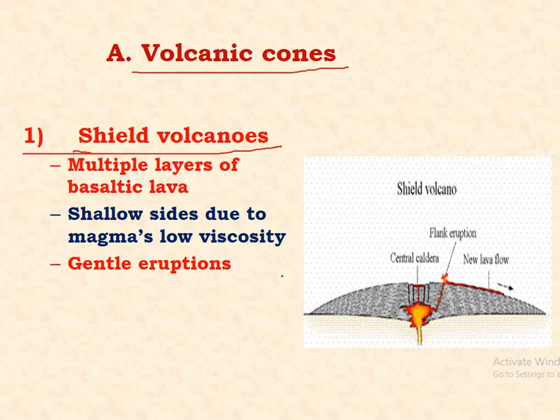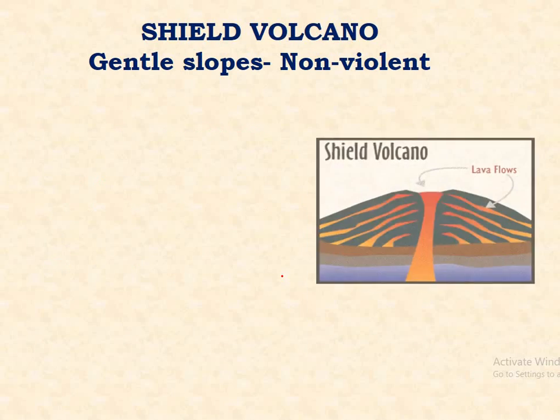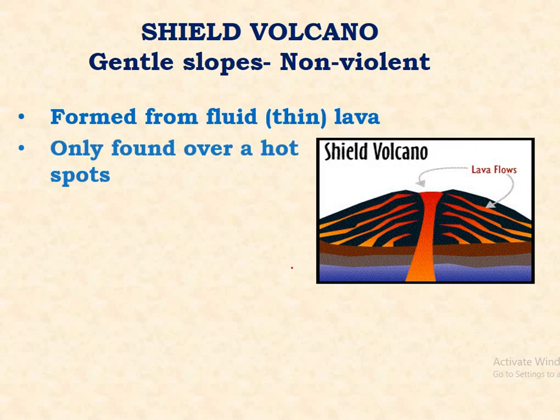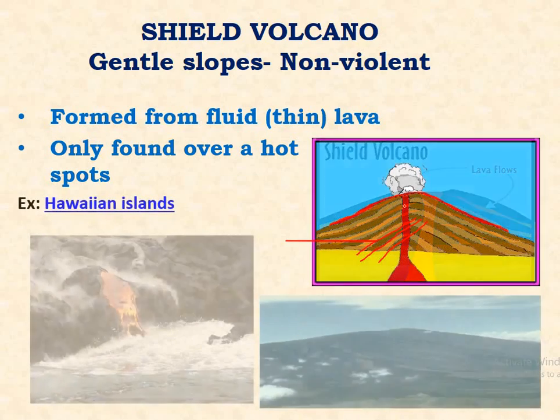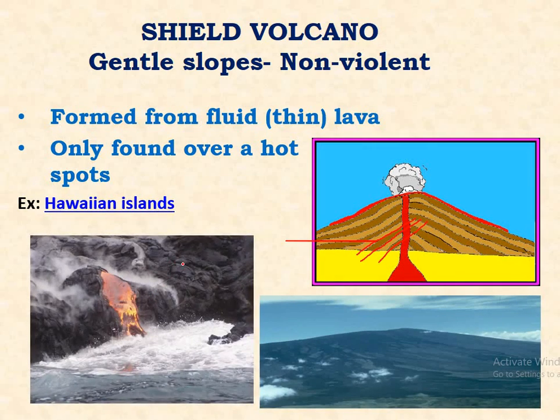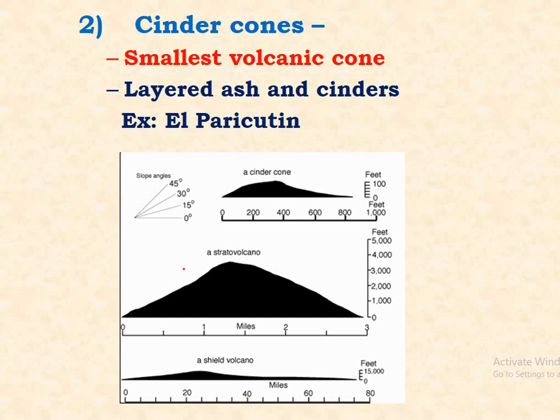So this is known as shield volcanoes. These have gentle slopes, are non-violent, formed from fluid or thin lava and only found over hot spots, and the Hawaiian Islands are of shield volcano type.